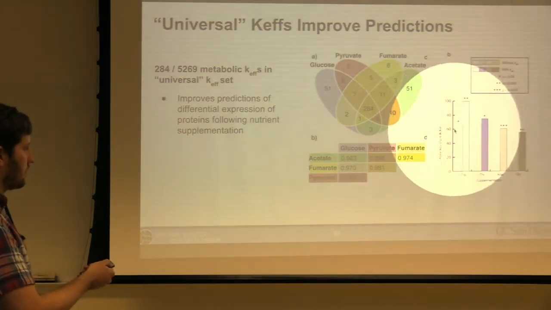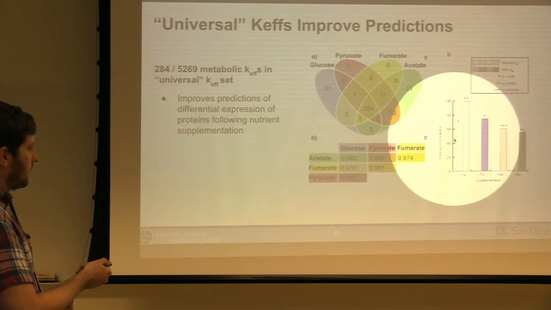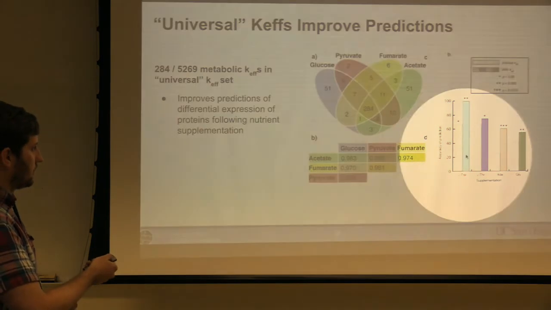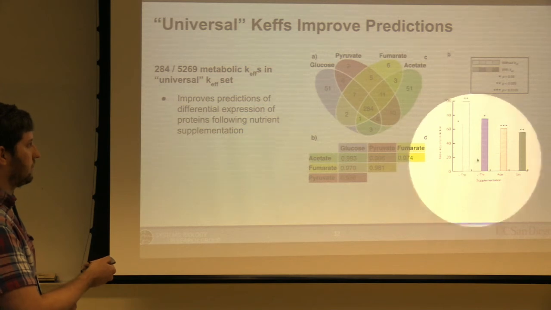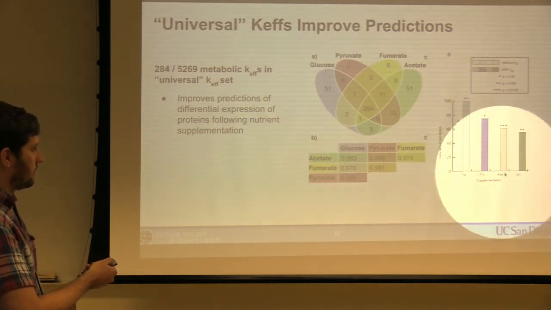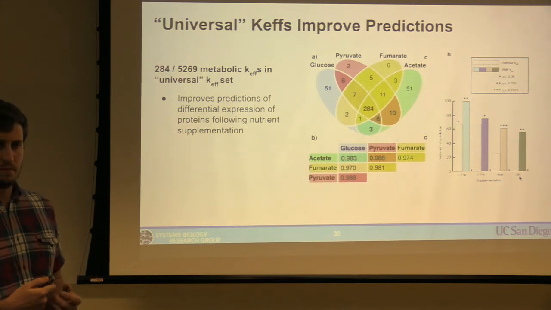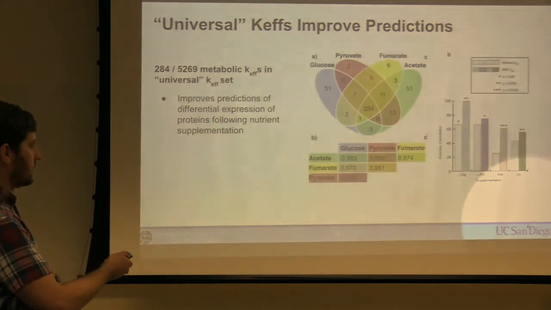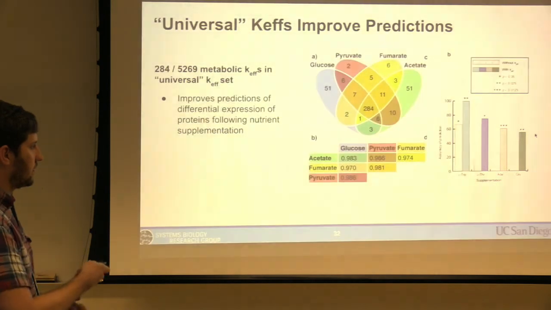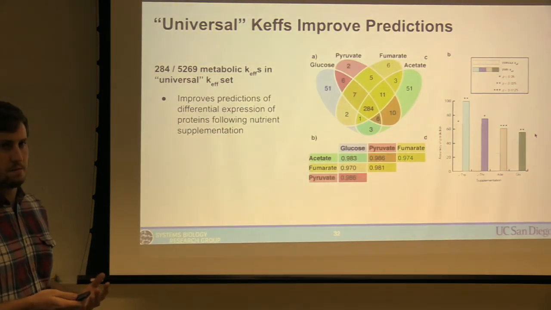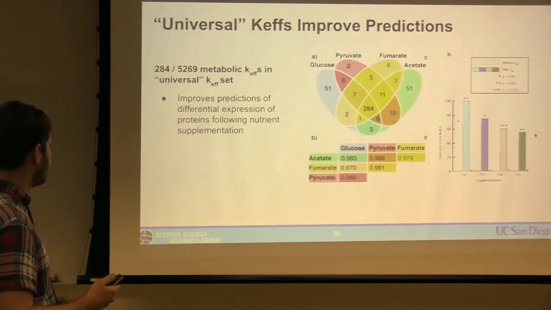And this is showing the agreement between model predictions and measured proteomics in response to glucose supplemented with these 4 different substrates, 3 amino acids and 1 nucleotide. So when we use these parameters, we can better predict things like differential expression of mRNA. And so these are making the model better, and we were able to show that.